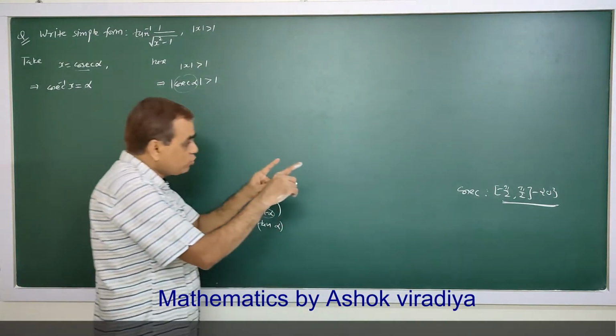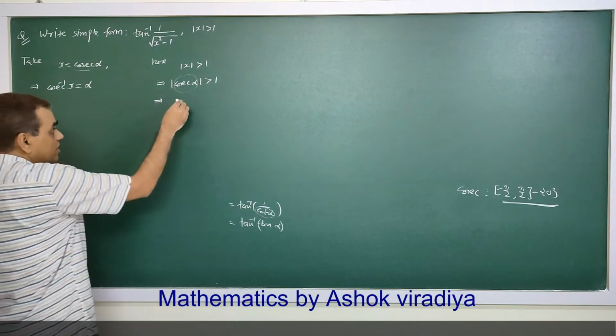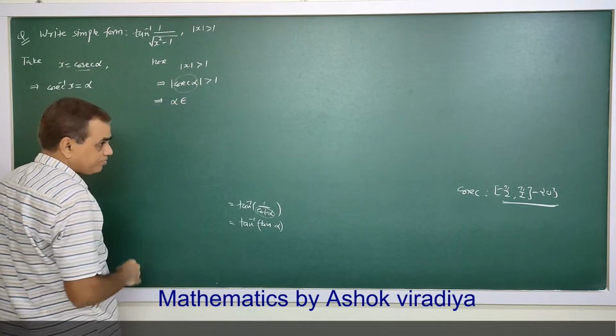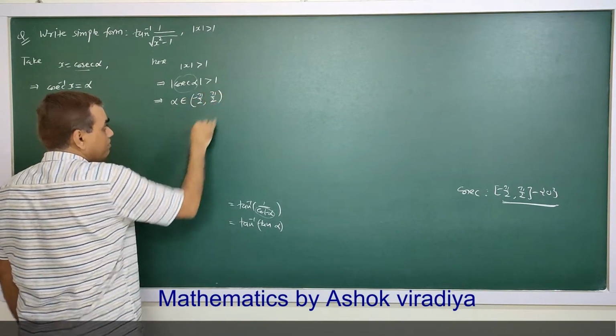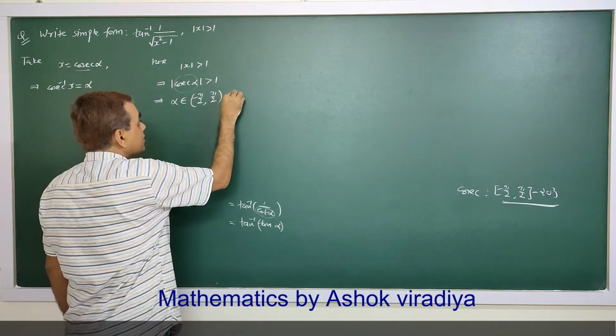So we are excluding those endpoints. So this means alpha belongs to the open interval minus pi by 2 to pi by 2 except 0.